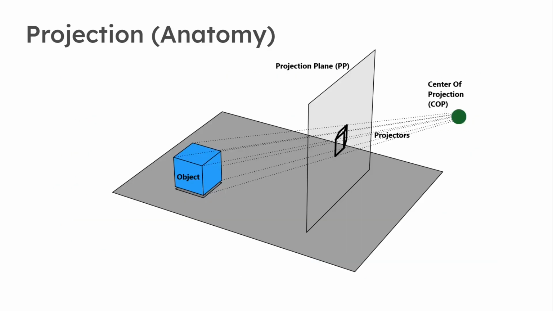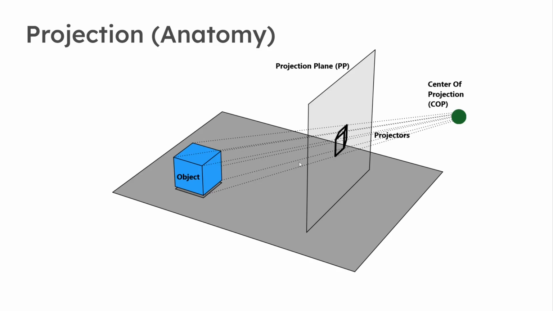We have an object. Its image appears on the projection plane as the projection rays, or projectors, intersect it on a guided path. So this is the plane and this is the image of this object. It is a flat 2D image and this object is a 3D object. The vertices of the cube, this object is a cube, can be labeled as P, so every vertex can be labeled as P1, P2, P3, whatever.